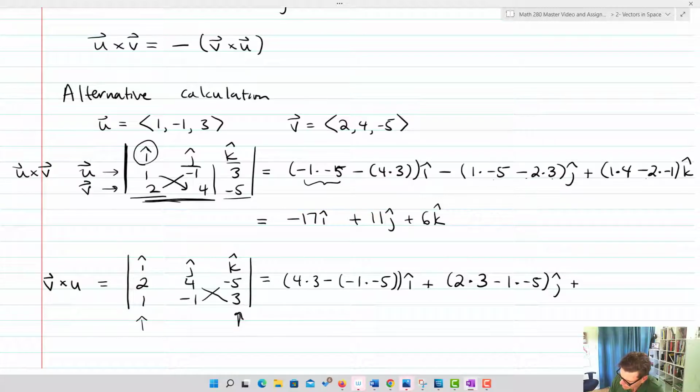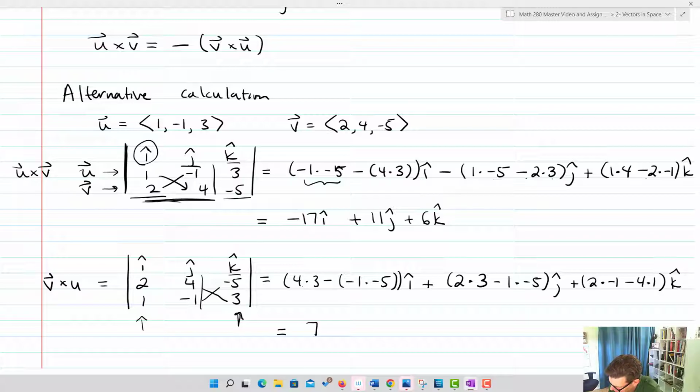Plus, and then we've got k, the first and the second, so that's 2 times -1 minus 4 times 1, k. So this ends up equaling 12 minus 5.